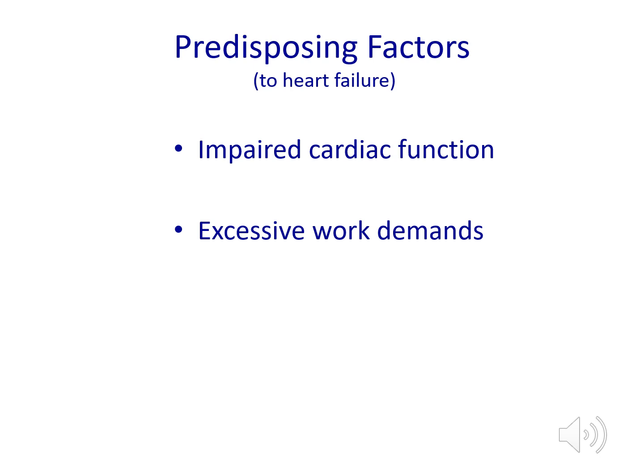The second thing that can predispose to heart failure is excessive work demands. When the heart is asked to work very hard, it can get overworked, it can get overwhelmed, and then it fails. Okay? So if the patient has chronic, really high blood pressure, remember when the heart has to pump blood out into the arteries against all that high pressure, it has to work harder to do that.